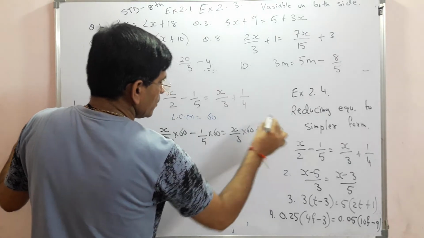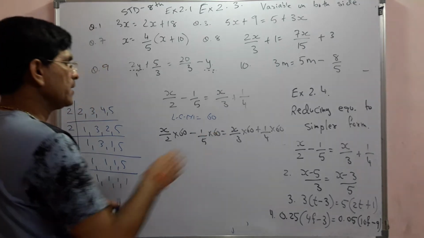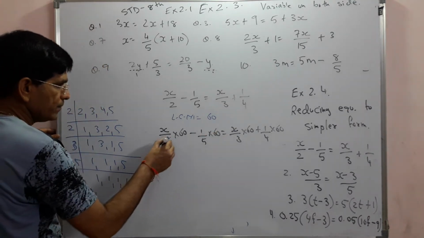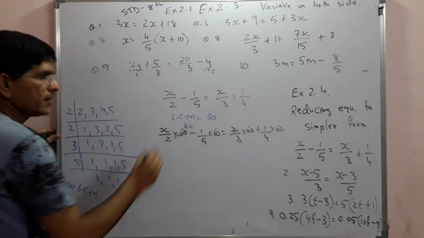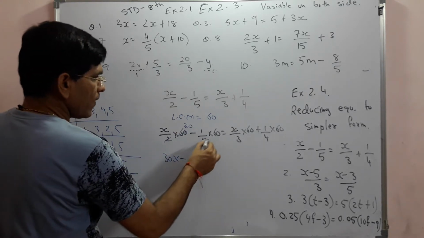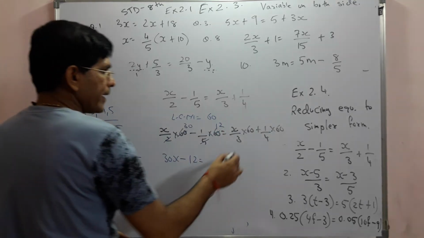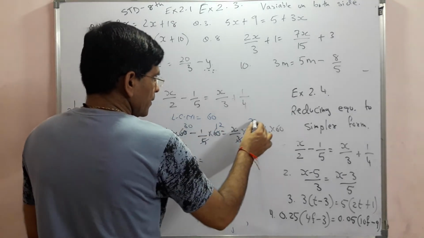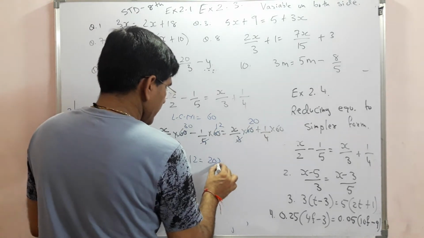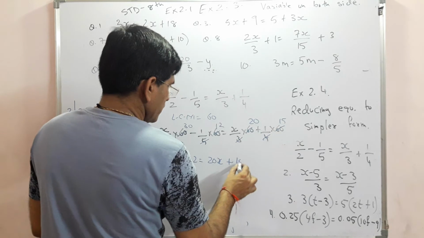I have to multiply each term by 60. Now if you multiply by 60, here 2 30s are, so 30x, 5 12s are 12, 3 20s are 20x, and here 15.